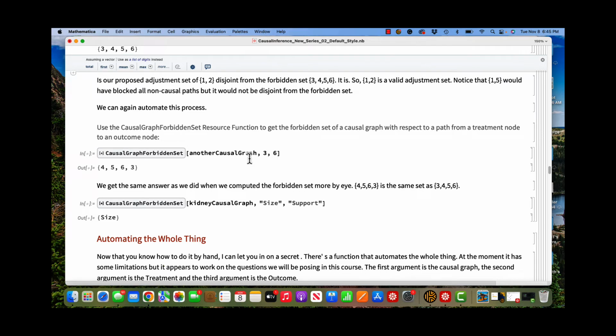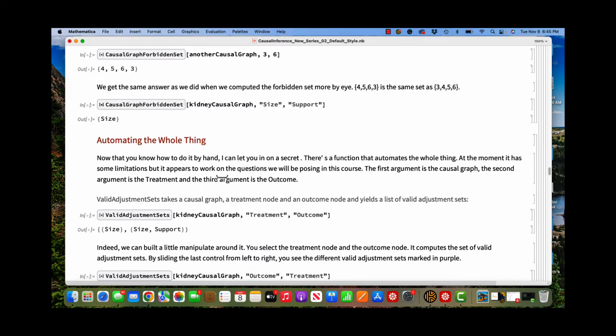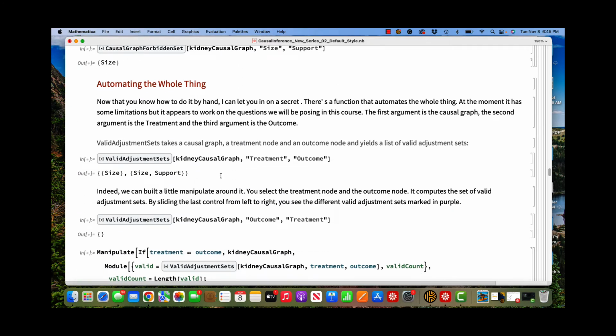And by the way, there's an automated function that I've written, causal graph forbidden set. And so now what we can do is there's a function I've written called valid adjustment sets, which saves you all this trouble now that you know what you're doing. It will take a graph, a starting point, treatment, and what you're trying to predict, outcome.